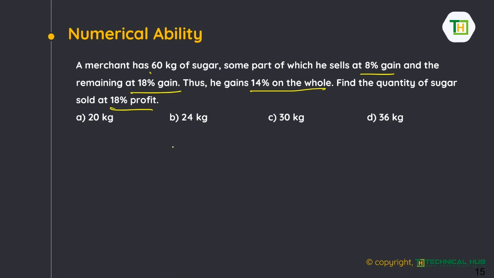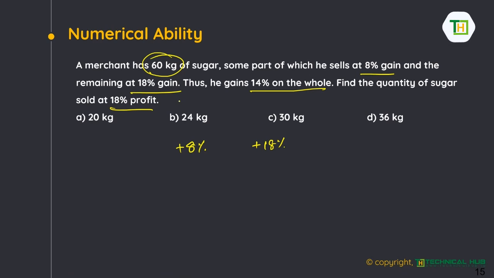How can you solve? Initially, a merchant has 60 kgs of sugar. In that, some part is sold at 8% profit and the remaining was sold at 18% profit. And remember one thing, if it is profit, you need to use a positive sign. If it is loss, you need to use a negative sign.